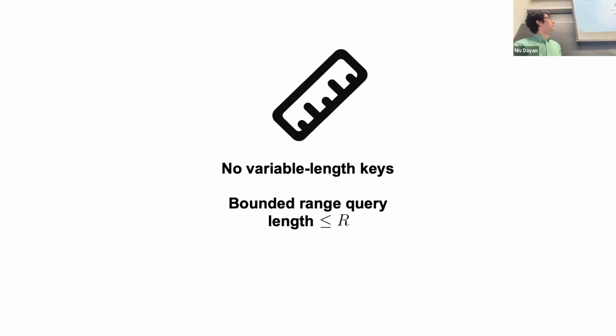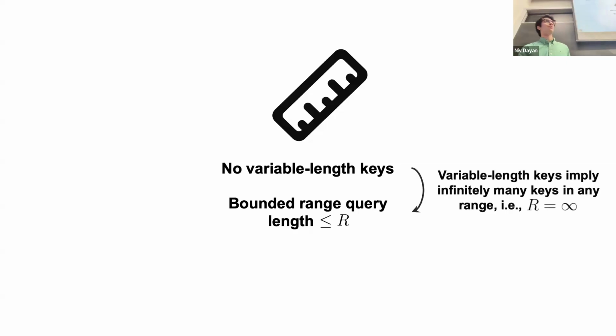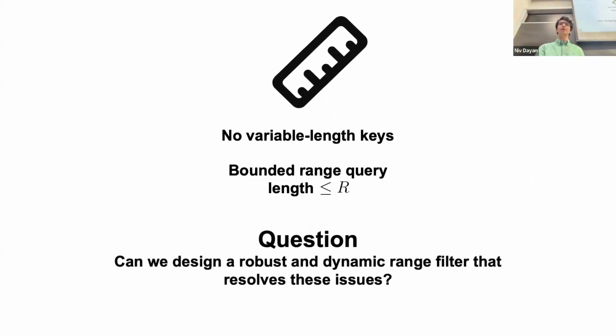It's also kind of fun because the moment you try to support variable length queries, as you mentioned, you're also forced to support arbitrary range queries, because any range you take in the context of variable length queries is going to have infinite keys in it. So you're kind of forced to solve these 2 problems at the same time. Okay. So this begs the question of, can we design a robust and dynamic range filter that resolves these issues?